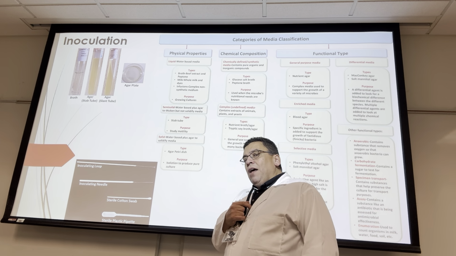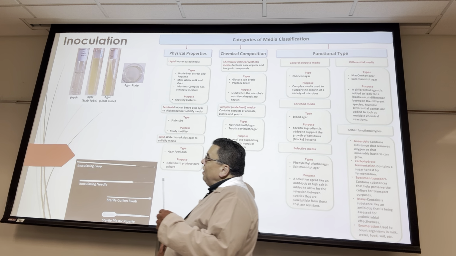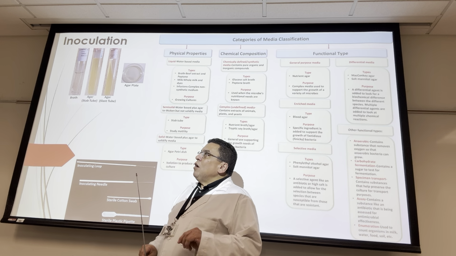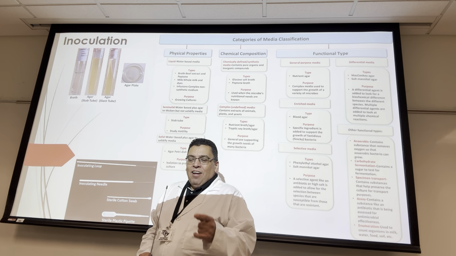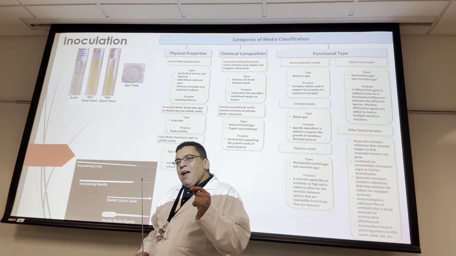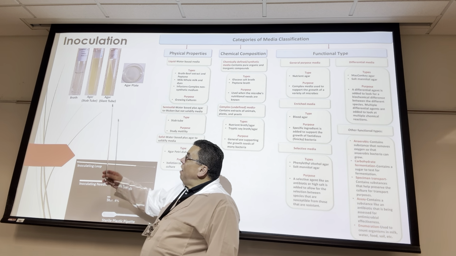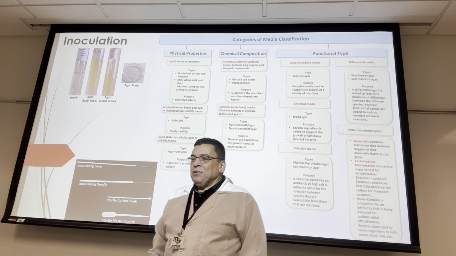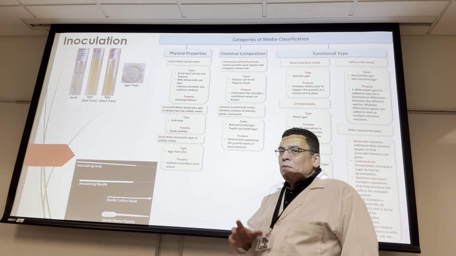So how do I do that? Very simple. If I remember right from my research years, we used to add about 15 grams of agar per liter of media. I'm gonna double check and see if my memory is still there. 15 grams per liter.